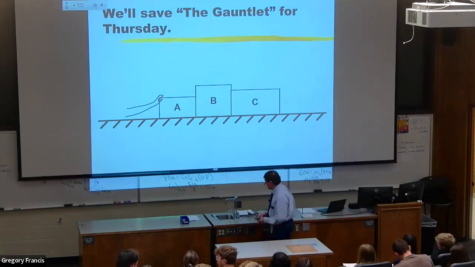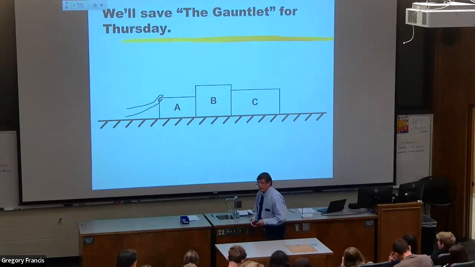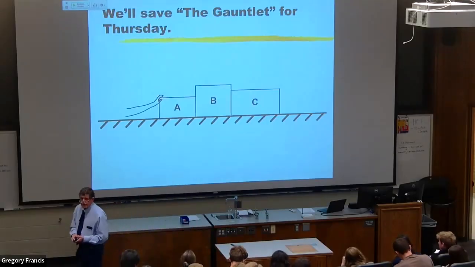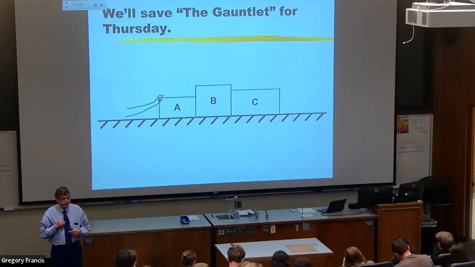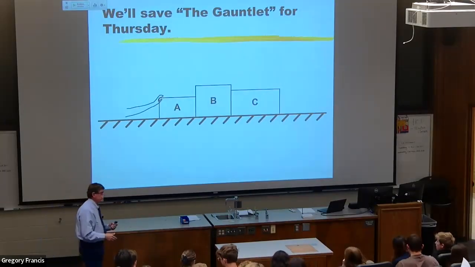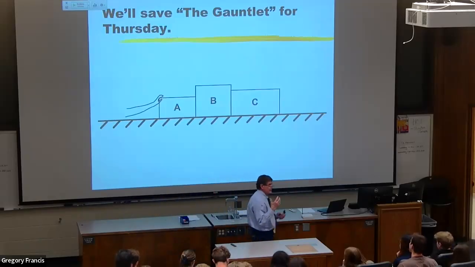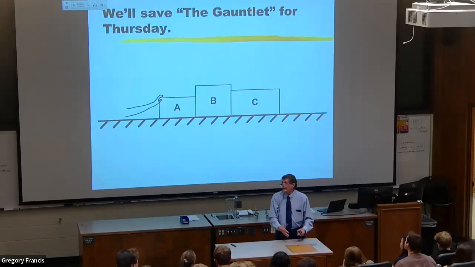On the back of that sheet, there's a problem that I call the gauntlet. And that's because I put this on an exam the first year I was teaching at Montana State University, 33 years ago, 34 years ago. Anyway, I found that in my large lecture class of 350 students, nearly everyone got parts A and B right.